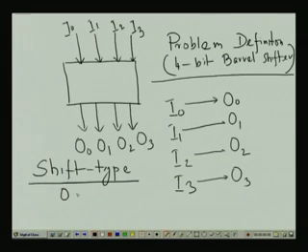That means O0 equals I0, O1 is I1, O2 is I2 and O3 is I3. So, this is one type of shift.